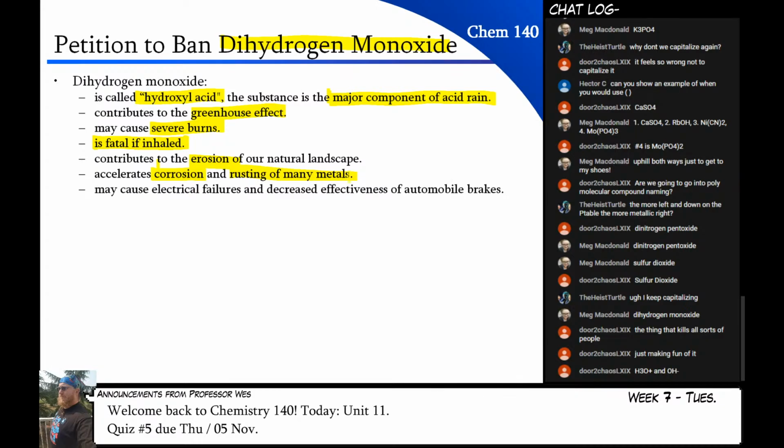And it can cause electrical failures, and it can cause your brakes to skid. So these are all terrible things. I don't want any of these things to happen. And yet, despite... Oh, by the way, 100% of people who have cancer have DHMO in them. Every single person who has ever had cancer has had this in them.